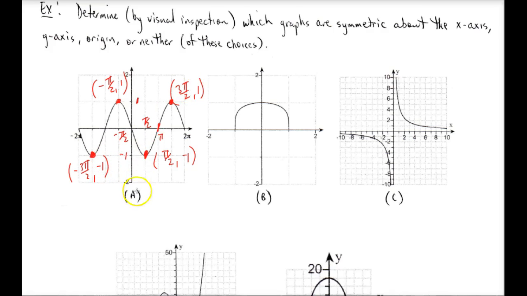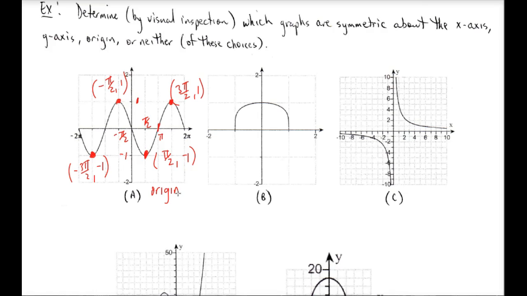So from what it looks like, this particular graph is going to be what we call symmetric about the origin, meaning that it's an odd function. From the points, we don't see the situation happening where it's symmetric about the y-axis, meaning that we have 2 corresponding x values for every one y value.